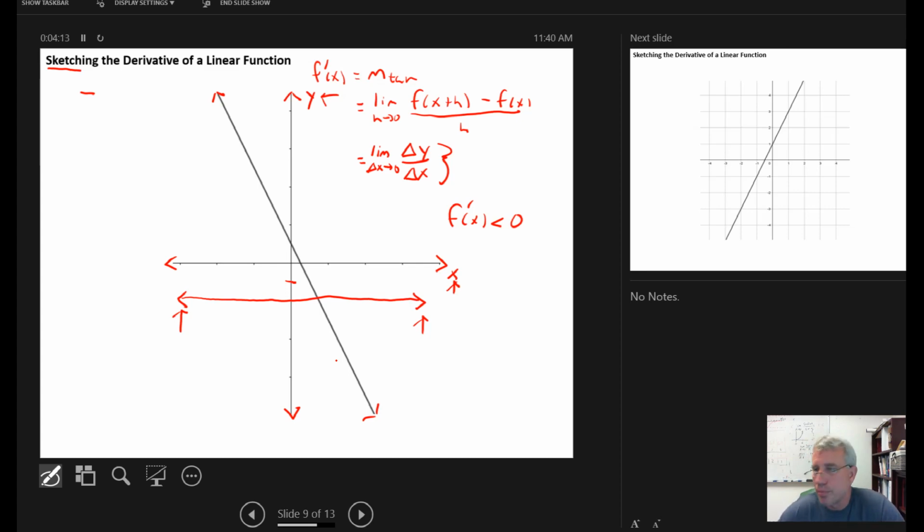So you just have to do a little bit of estimation. So here the big idea is, the derivative is going to be the slope of the line. The line has negative slope, so I know I have to draw a horizontal line that's a negative constant, and I don't know what it is, but that's what the sketch is going to roughly look like.